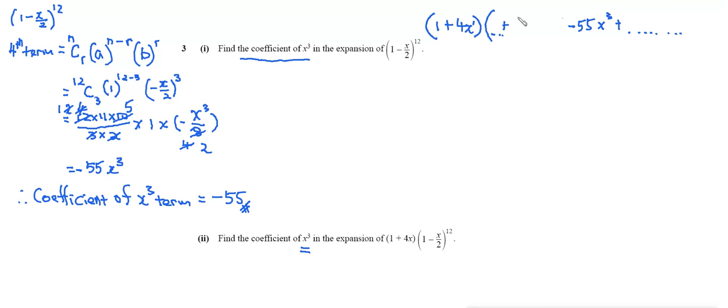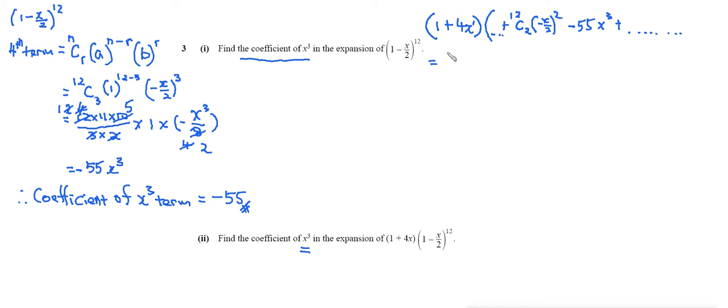Okay. Now, what you have to do is 12C2. Then we're going to neglect the a here since it's 1, so we go straight into the b term. The b term is minus x over 2, and then you square it. So this will be your x2 term.